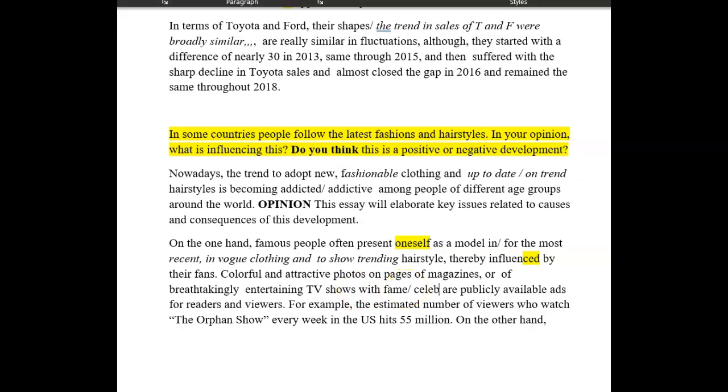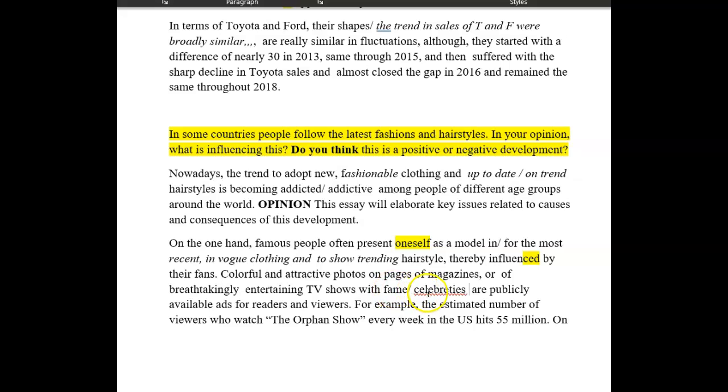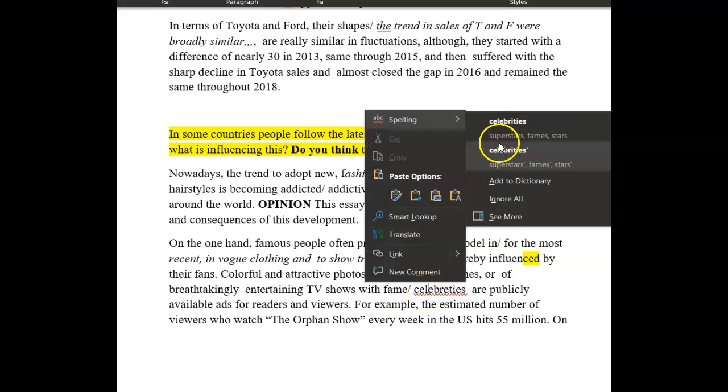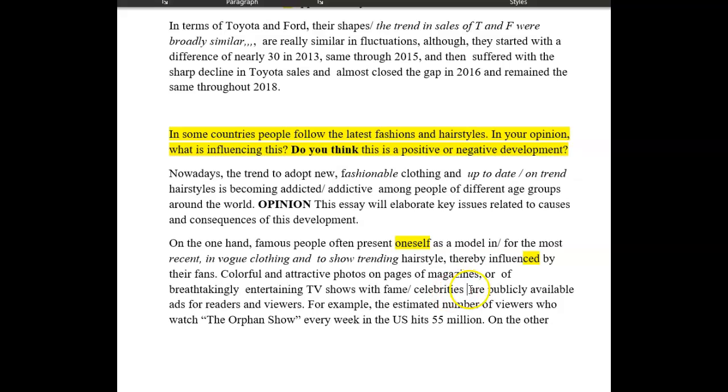I think you need to say celebrities. Oh, come on. Sorry. With celebrities are publicly available ads to readers and viewers. Okay, publicly available, tempting and appealing. I say advertisements actually there for readers and viewers.